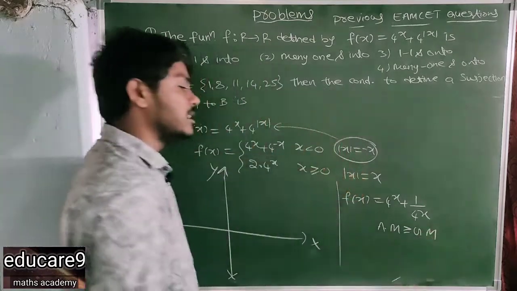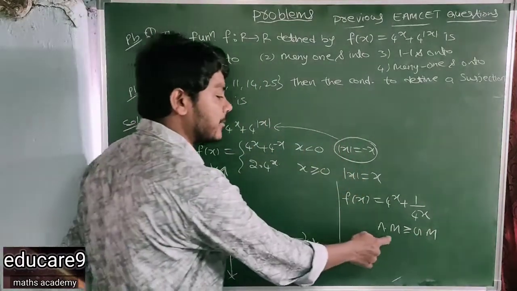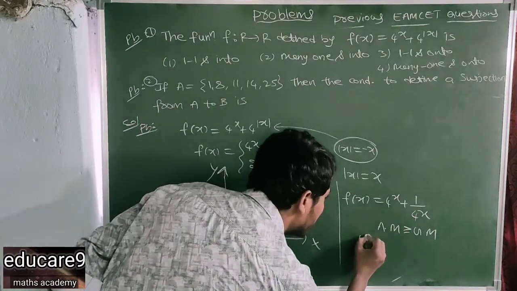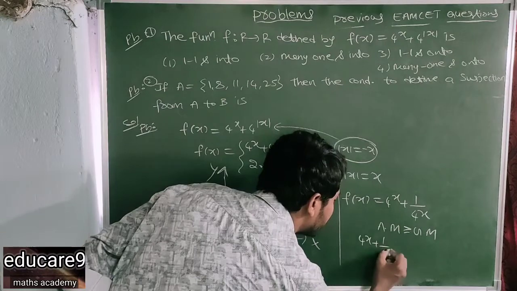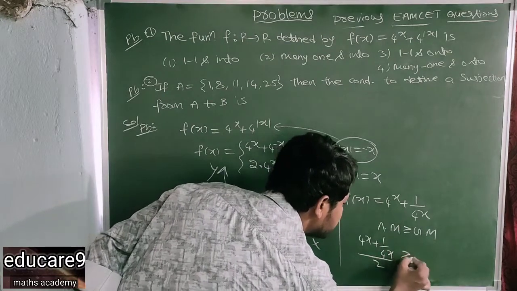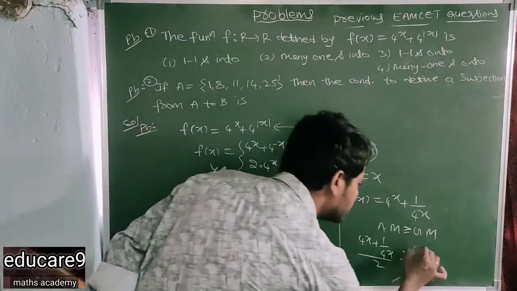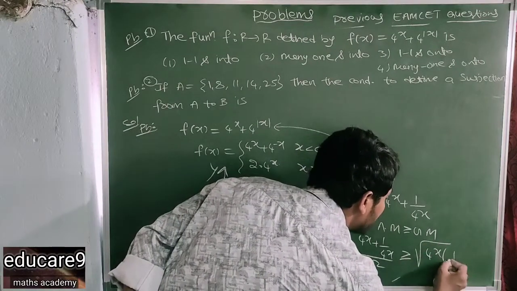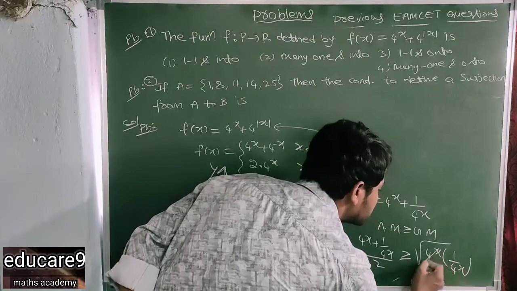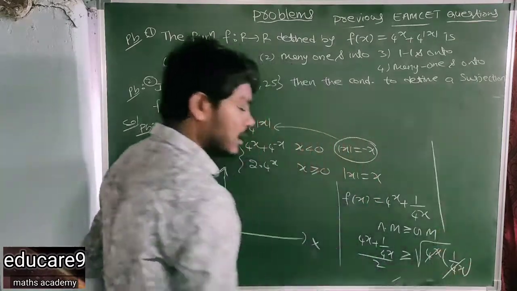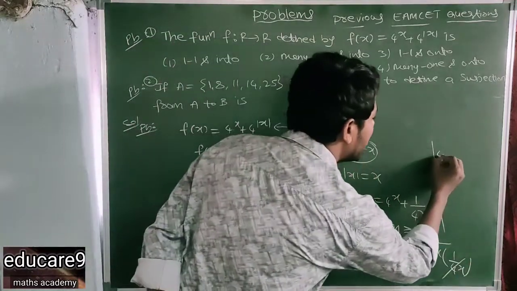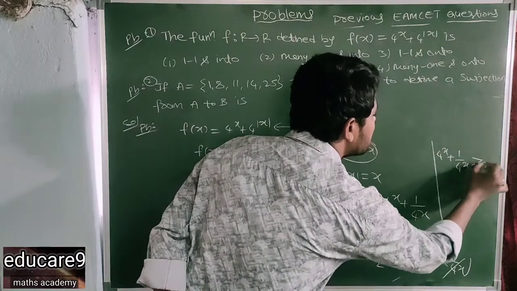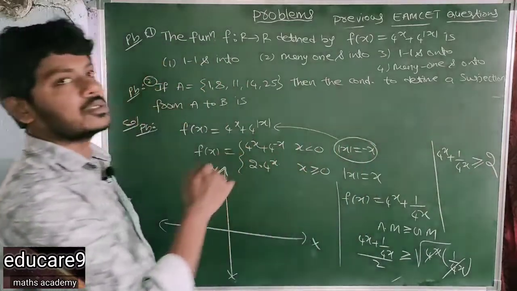So what is that condition? AM means arithmetic mean of these two functions. So 4 power x plus 1 by 4 power x, divided by 2, is greater than or equal to GM, which means square root of 4 power x into 1 by 4 power x. So clearly from this we get 4 power x plus 1 by 4 power x values are always greater than or equal to 2.